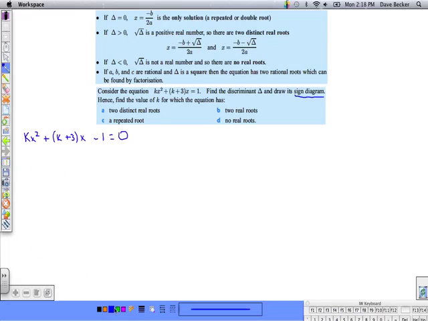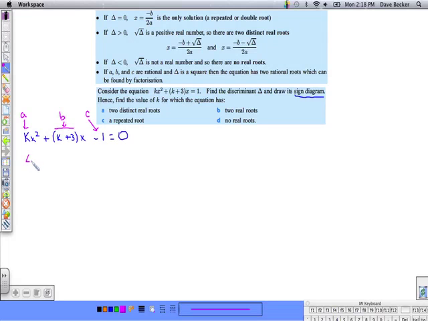So let's make sure we understand what a is, what b is, and what c is. Here, a is k, b is k plus 3, the coefficient of the x term, and c is negative 1.